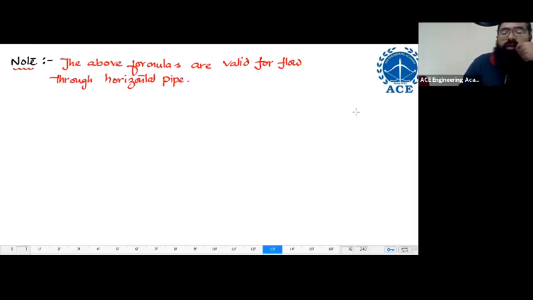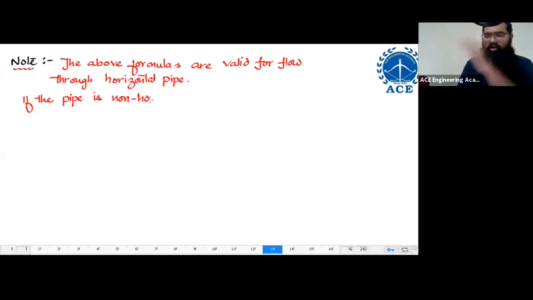Now the question can appear, what about if the pipe is inclined? Never mind, we have a solution for that. If the pipe is non-horizontal, by non-horizontal it can be vertical or inclined, then what to do?